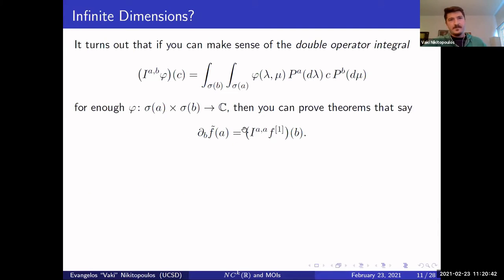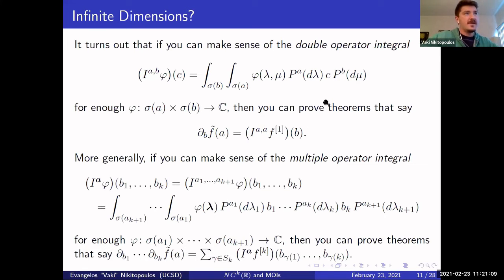Slightly more precisely, the mantra in this field is that if you can make sense of the double operator integral, so that's this I_{A,B}^φ at C, which is this formal double operator integral against two projection valued measures, for enough functions of two variables, then you can prove theorems that say your operator function is differentiable with derivative formula as you expected.